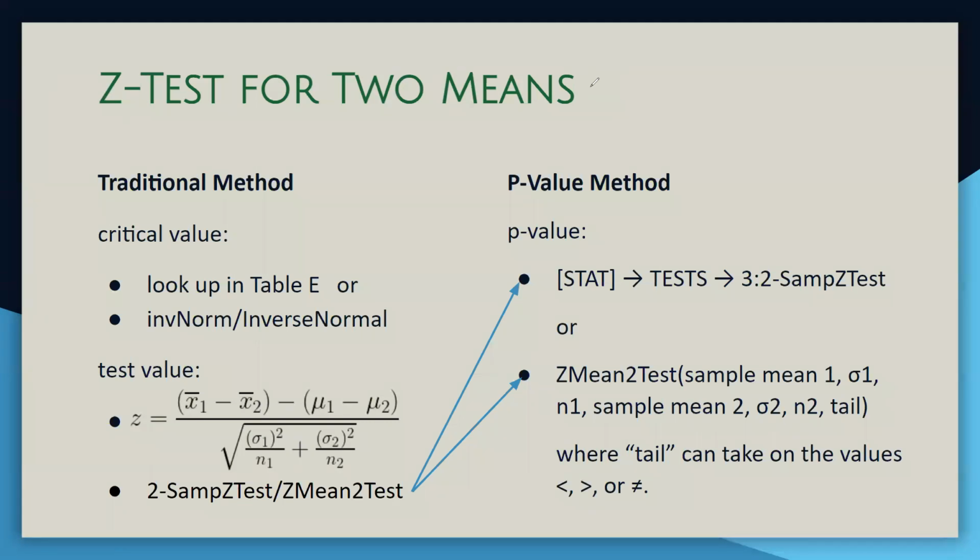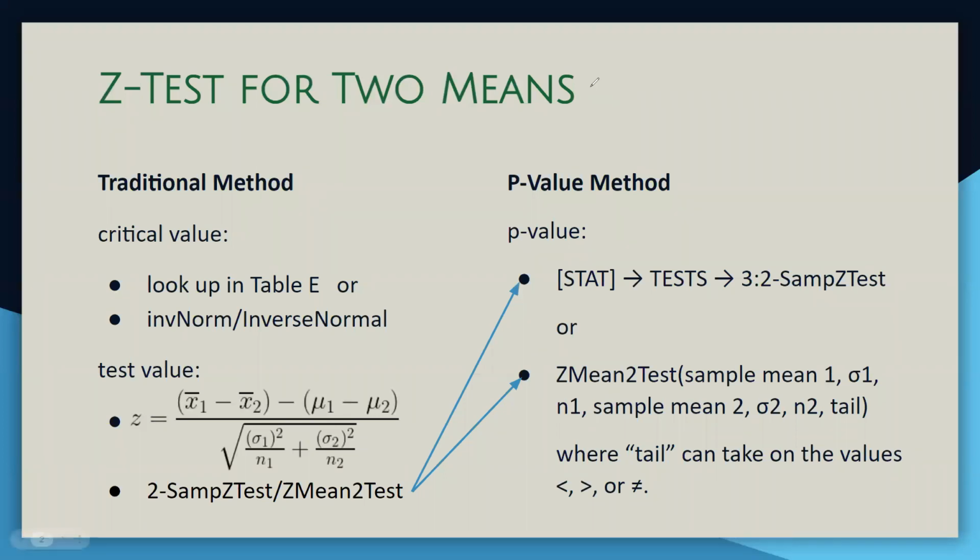In the TI-84, it should prompt you for that information you're looking for. If you're in GeoGebra, it wants the information for population 1 first. So sample mean, population standard deviation, sample size. And then it wants that same information for group 2, and then the tail.